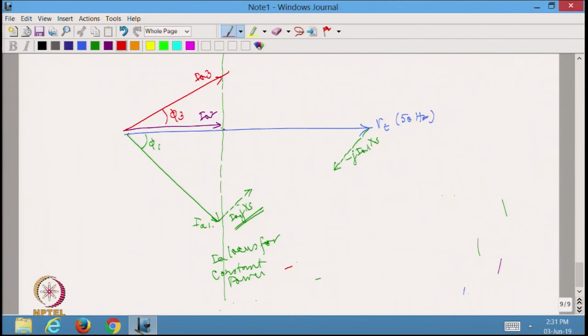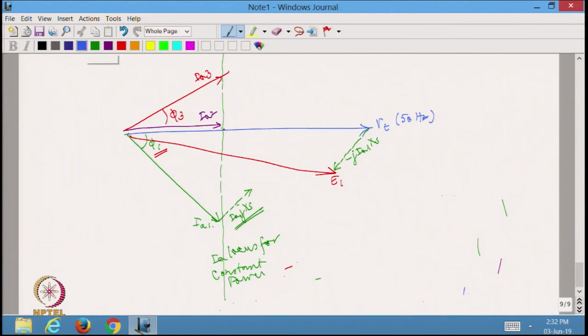Then I should be able to draw this particular point as E1. This is the excitation voltage corresponding to the first condition, where I am having a lagging power factor phi 1. Okay. Let me try to draw this corresponding to IA2 now.